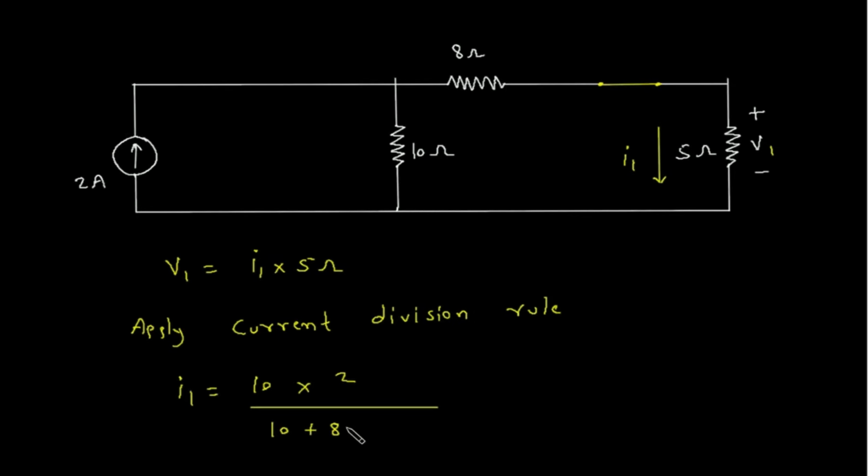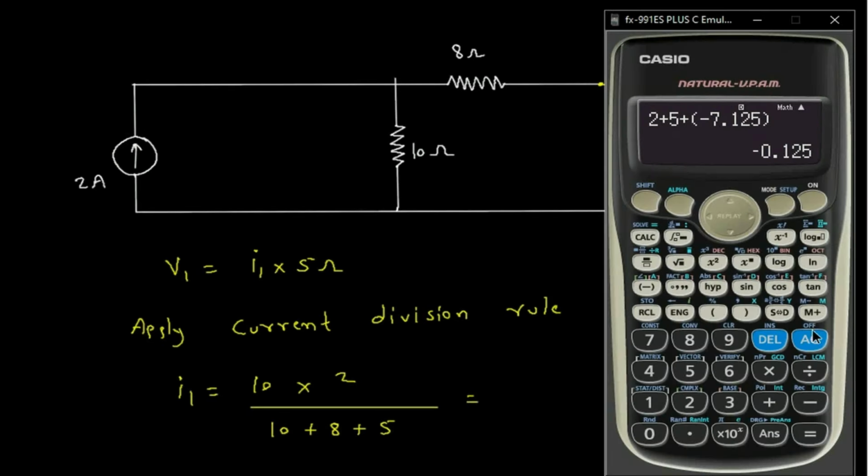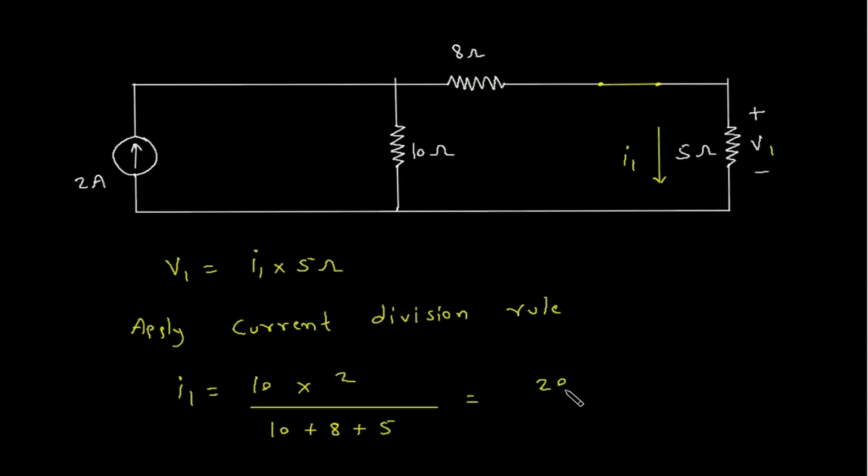So this is equal to 10 into 2 by 10 plus 8 plus 5, which is 20 by 23 ampere. This is the value of I1.